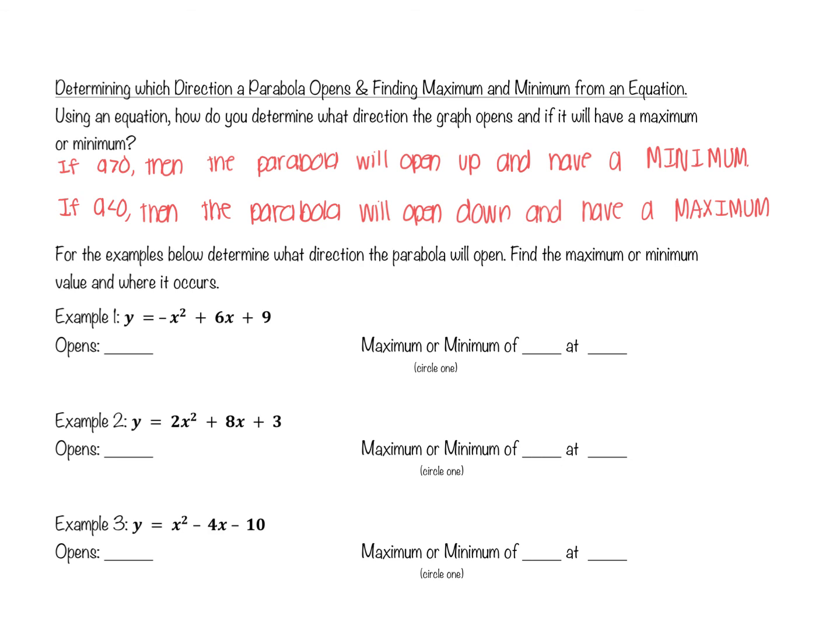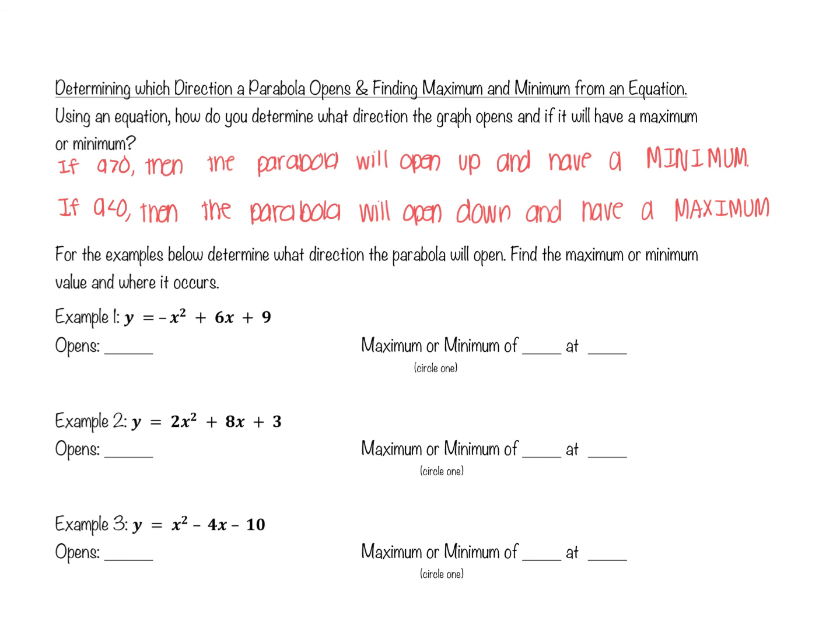If a is negative, or a is less than 0, then your parabola will open down, and then you are going to have a maximum. The maximum value is the y value of your vertex. Where it occurs is the x value.